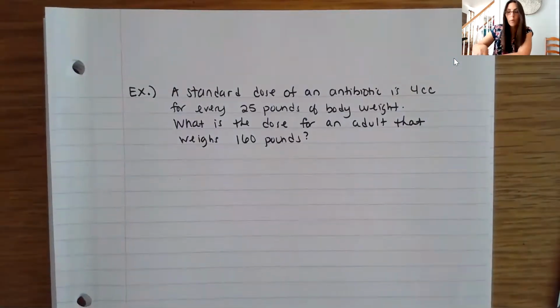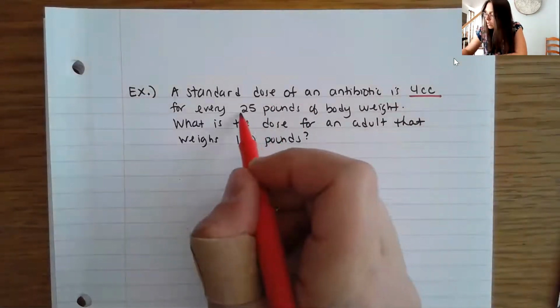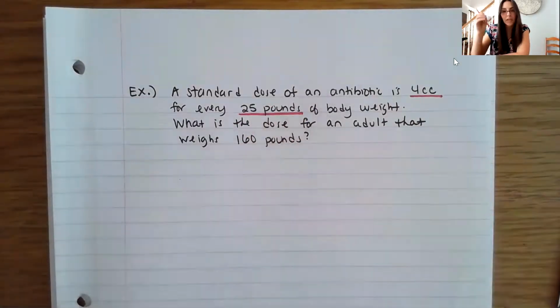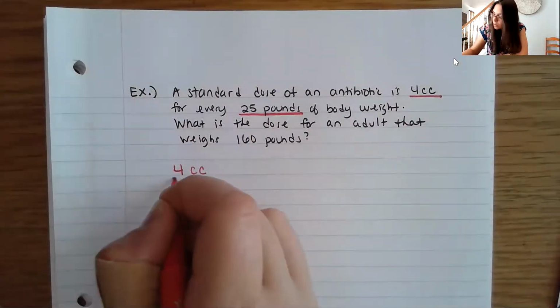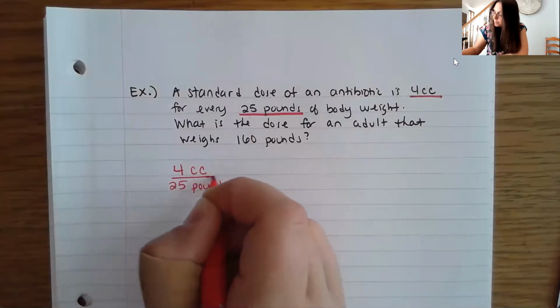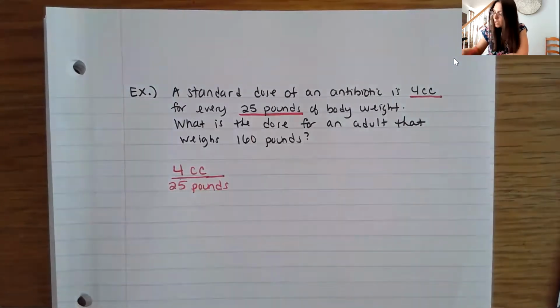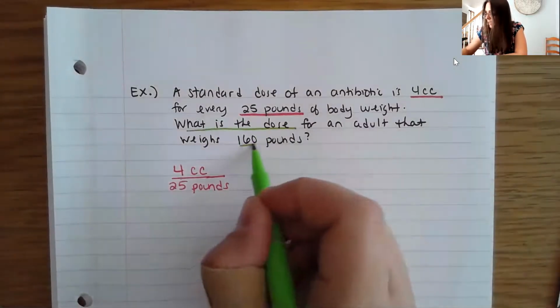All right, so start with what we know first. So a standard dose of antibiotic is 4 cc's for every 25 pounds, right? That information is connected together. So I'm going to do 4 cc's for 25 pounds. What is the dose for an adult that weighs 160 pounds?